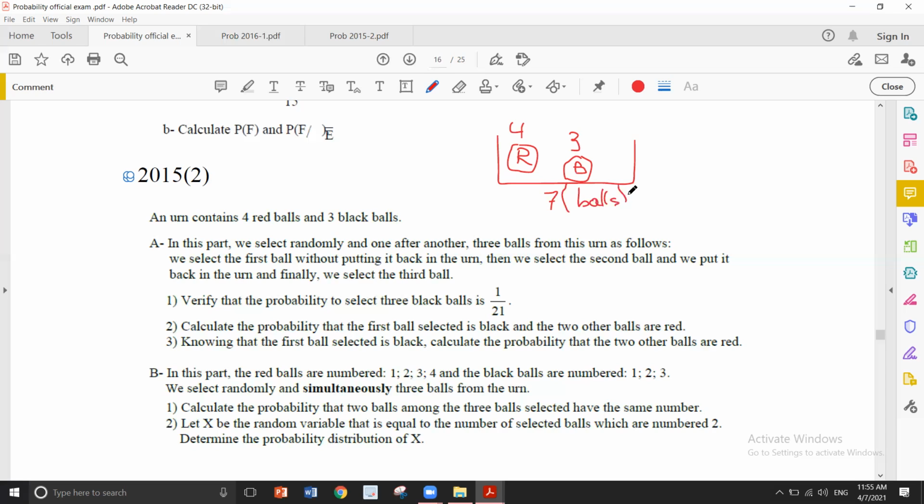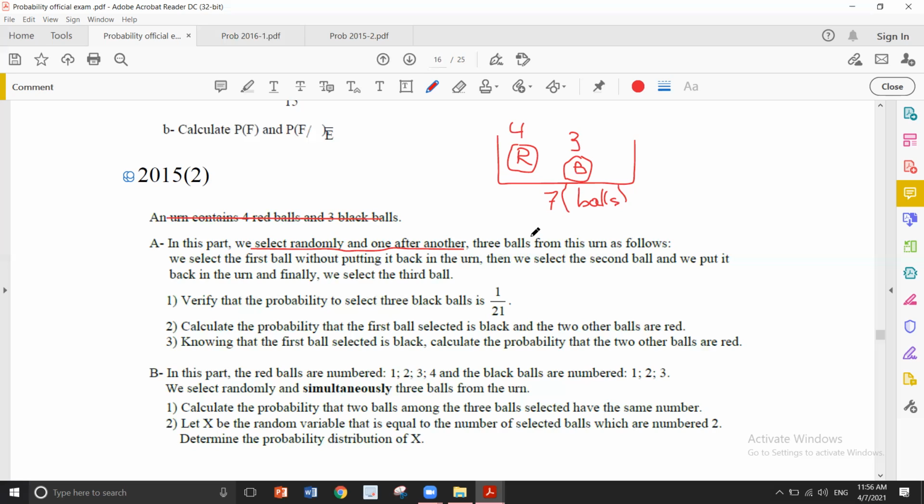So an urn contains 7 balls: 4 red, 3 black. In this part only, we select randomly and successively. What does "one after the other" mean?